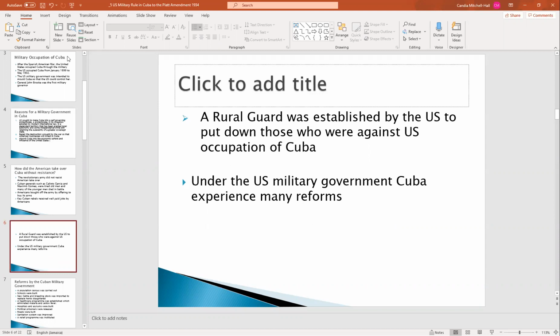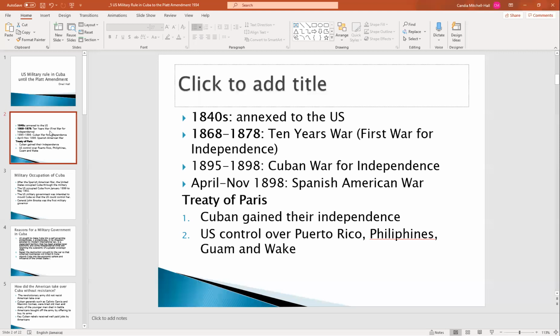Right? So one, if we look right here, 1840s, the Cubans wanted to be annexed. Between 1868 to 1878, they fought the first war, the Ten Years' War. 1895 to 1898, the Cuban War for Independence. Then for the latter part of 1898, the Americans came to the assistance of the Cubans. The Cubans gained their independence.